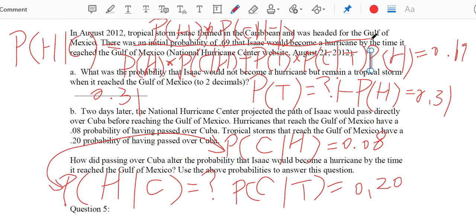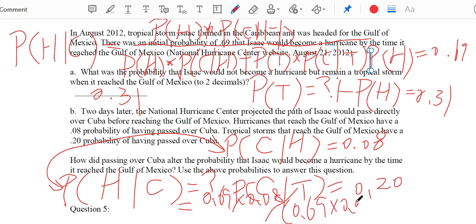So we plug in all the numbers: 0.69 times 0.08, divided by 0.69 times 0.08 plus 0.31 times 0.2. Now if you're using your calculator, you should get the probability.